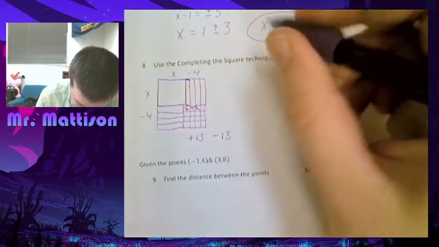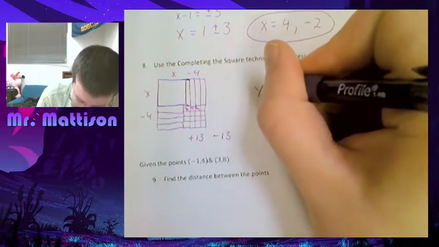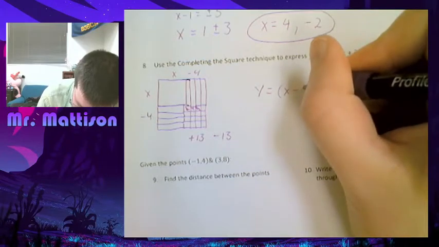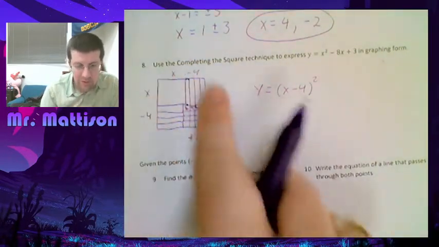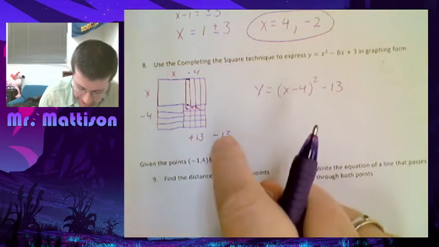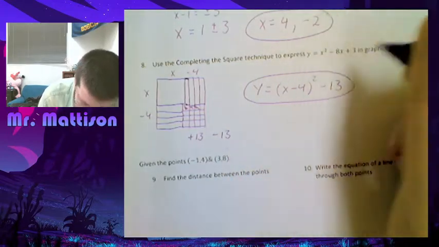So y equals x minus 4 squared, because that takes care of this whole box. Then I have the minus 13 still on the end, because that's what I had to do there to complete it. So there we go. Right?